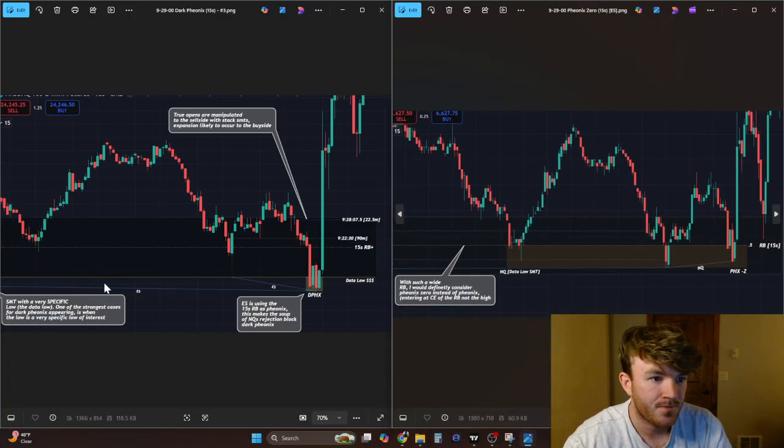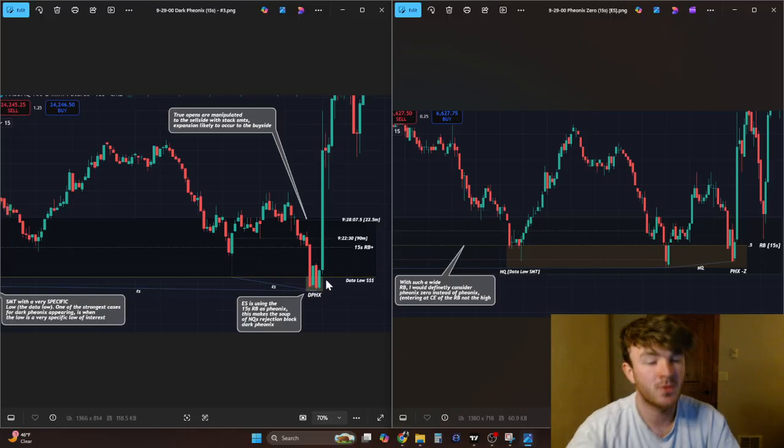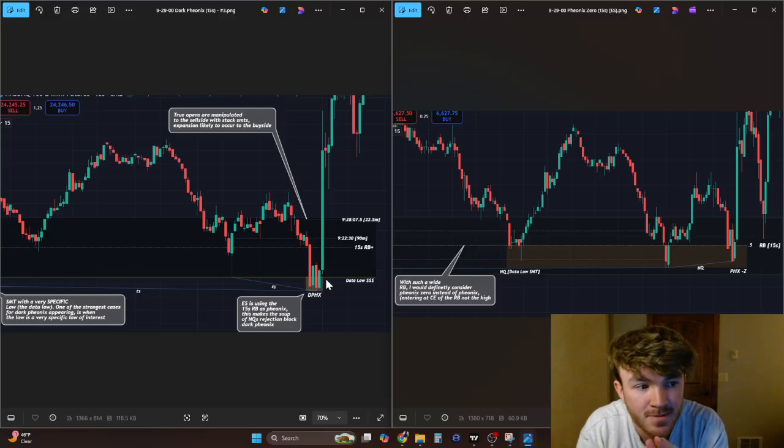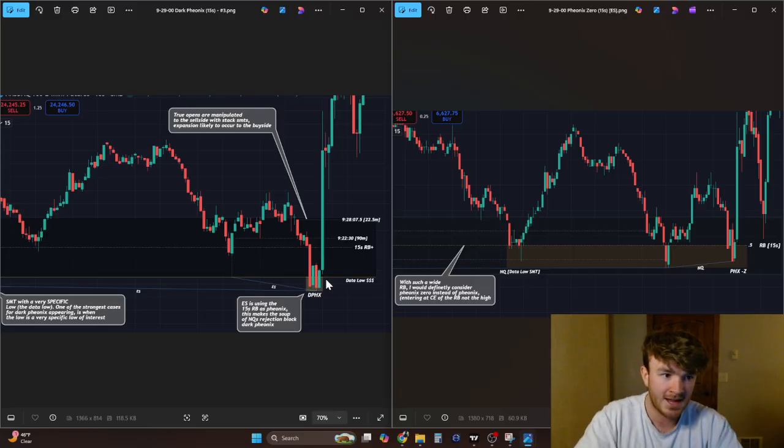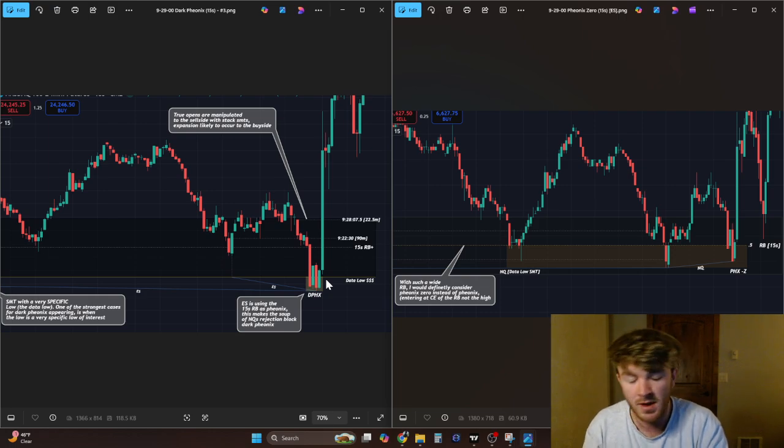So we have NASDAQ souping this rejection block, which, by the way, is a very specific kind of low. It's a data low. The Phoenix model is going to occur really, really well with market open rejection blocks and data low rejection blocks.